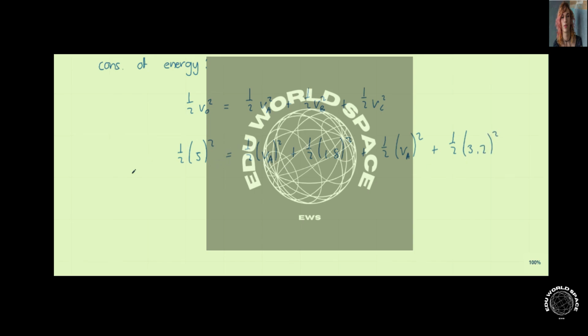From here, we can see that part A is essentially solved. We get VA squared is equal to 11.52. So the above equation has one unknown.